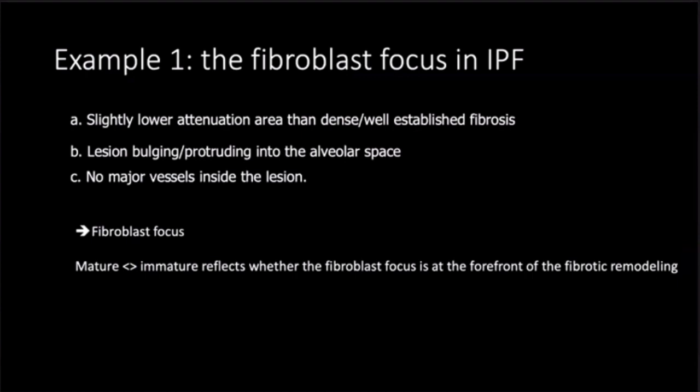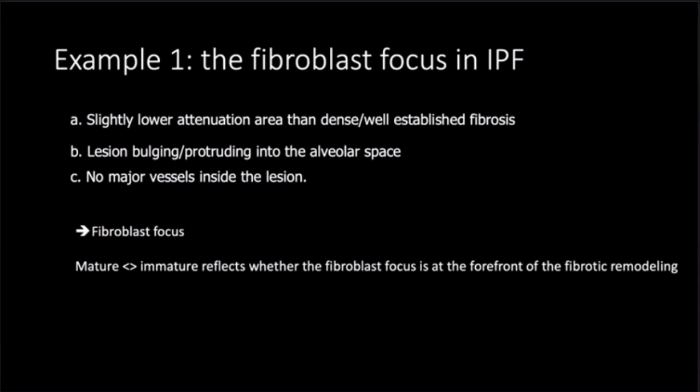So we had to make up a definition for how we're going to define the fibroblast focus in lung fibrosis and how we were going to define it based on the HiP-CT scanning. And together with Danny, we came up with a definition: that there's a slightly lower attenuation of the tissue, that the lesion is bulging into the alveolar space, and that there's no major vessel inside the lesion.